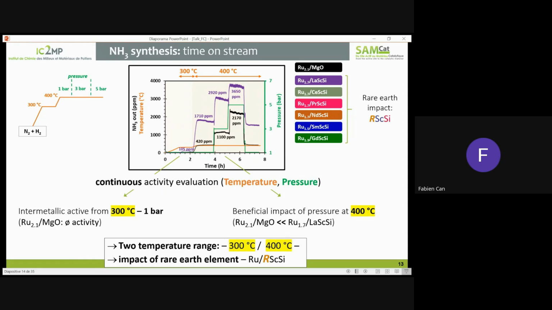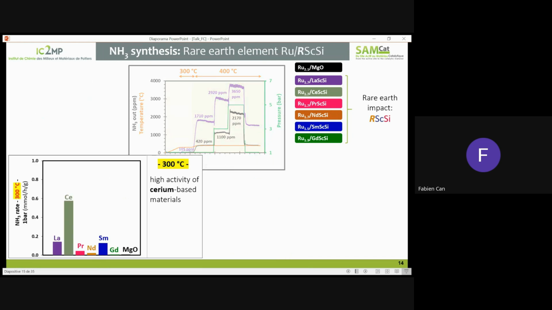And we will now look at what happens when we change the rare earth element of the intermetallics, at these two temperatures. So first, at 400 degrees C, we have some interesting results, and it seems that we have a good sample based on cerium.